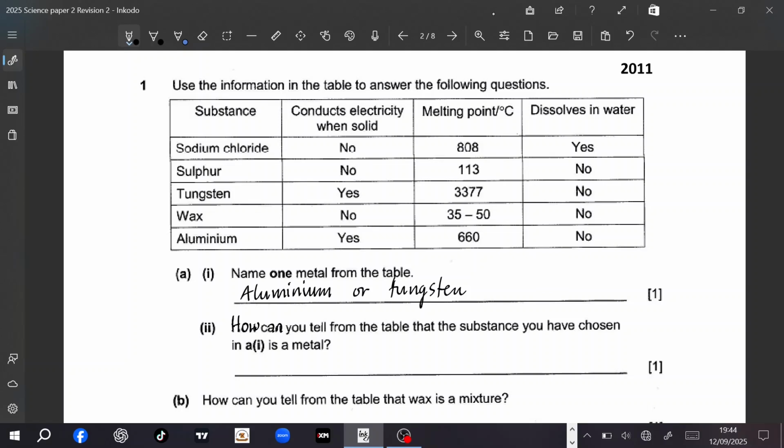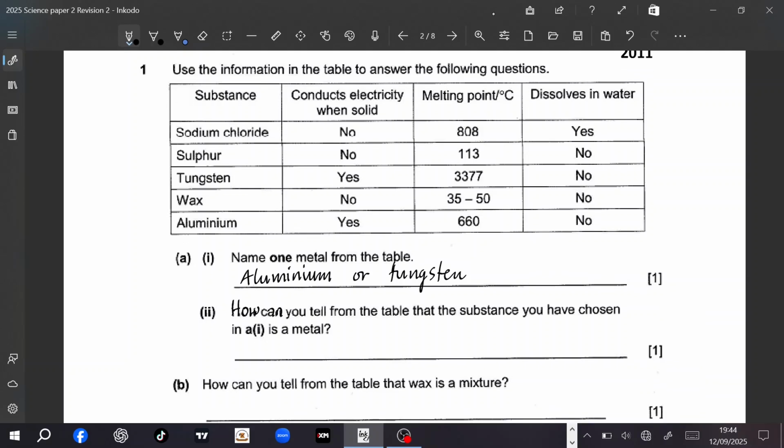So how can we tell from the table that aluminium or tungsten is a metal? Here again, the question is coming from a combination of properties of substances. What enables us to know from the table that aluminium or tungsten are metals is conductivity of electricity, because metals conduct electricity.